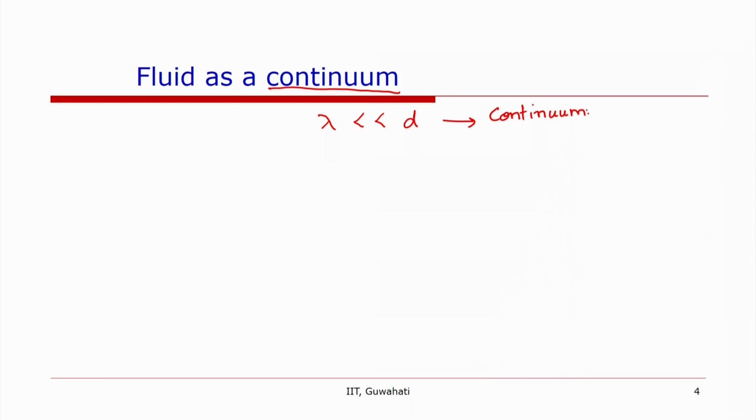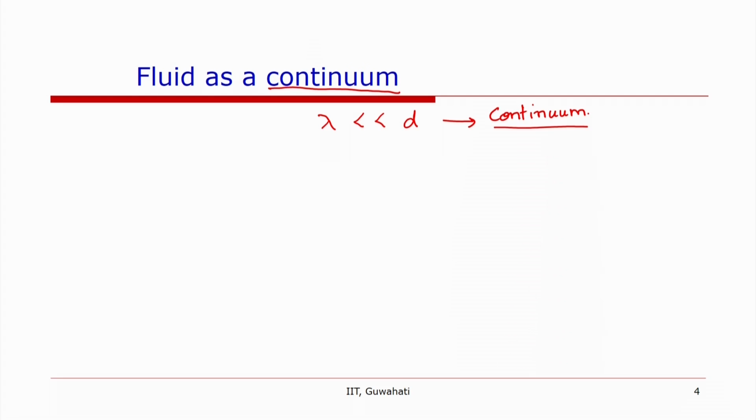So we can describe the fluid as a continuous medium or a continuous field, and the properties of the fluid such as pressure and velocity can be considered as a field.